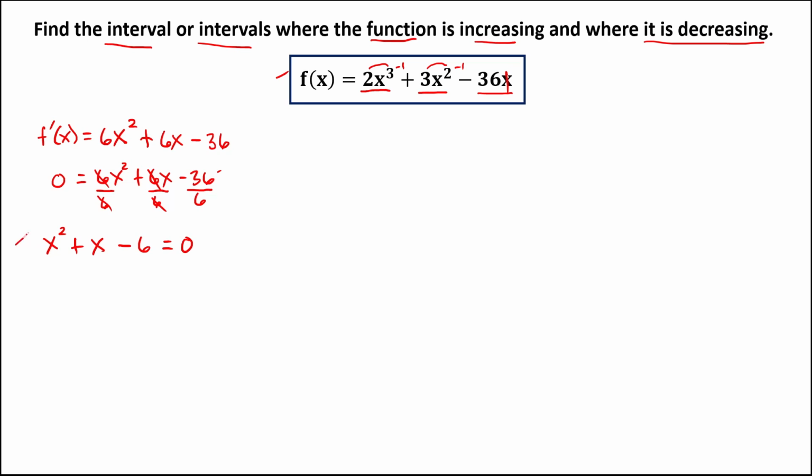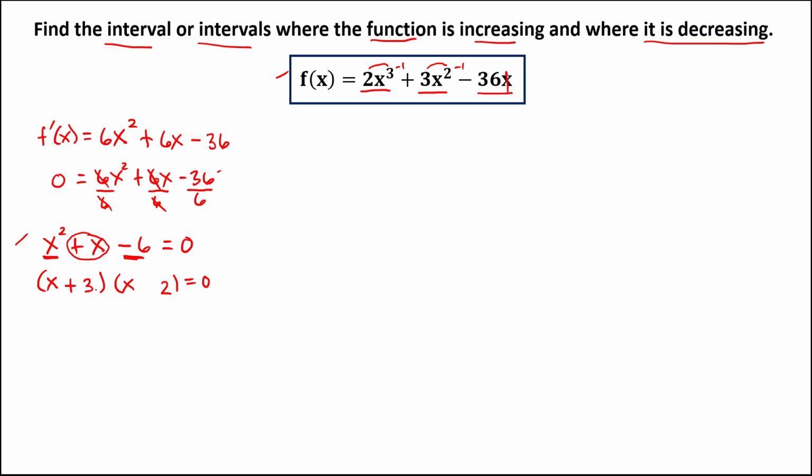Then from this quadratic equation, we can solve for x using quadratic factoring. So the factors for x squared, that's x times x. And the factors for negative 6, this is 3 times 2. Since the middle term is positive, the bigger number must be positive.